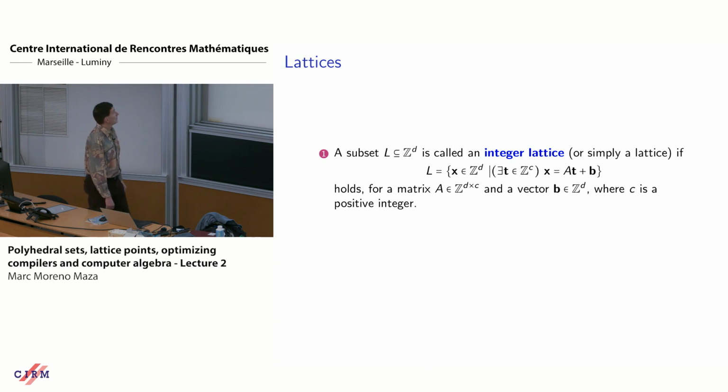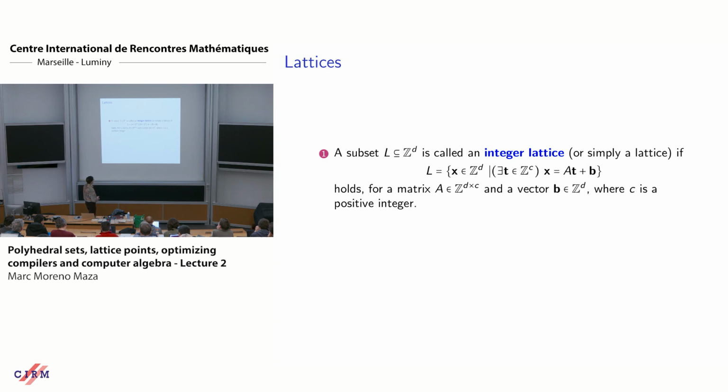The notion of integer hull is, of course, deeply related to that of an integer lattice. For us, an integer lattice would be a set of integer points given by an expression like on the second line, that is, something of the form a matrix A times a vector T of indeterminates plus a vector B. So anything that looks like this will be for us an integer lattice.